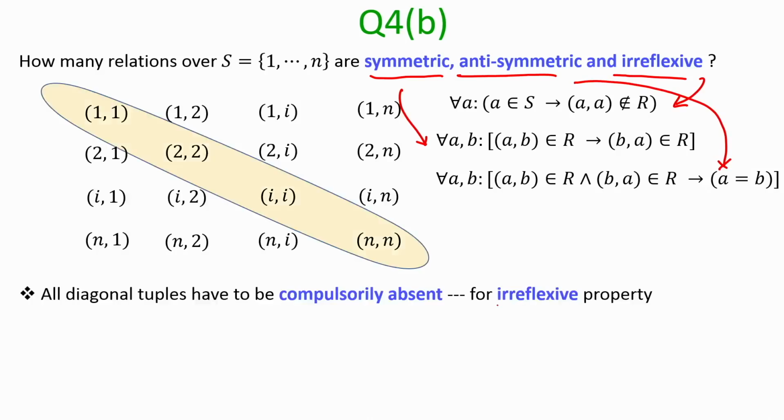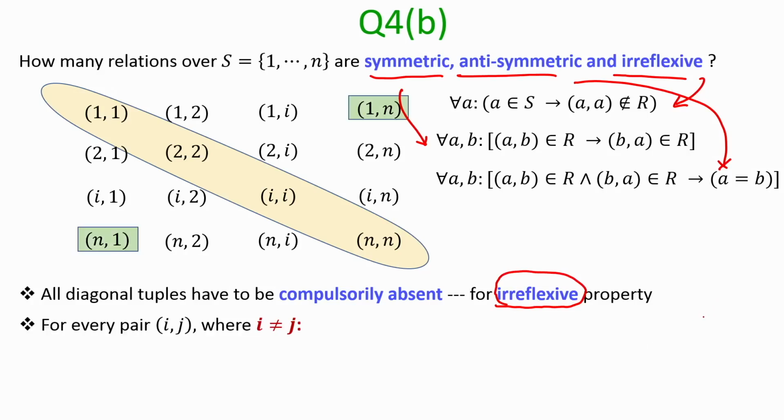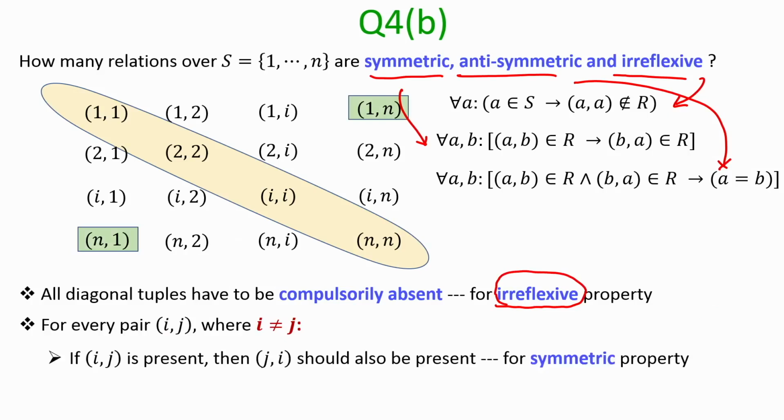Now, since my relation has to be irreflexive, I have no choice, but I have to compulsorily exclude all the ordered pairs along the diagonal. Now, what about the ordered pairs of the form (i, j), where i and j are different? Again, if I want to include (i, j), then to retain the symmetric property, I have to include (j, i).